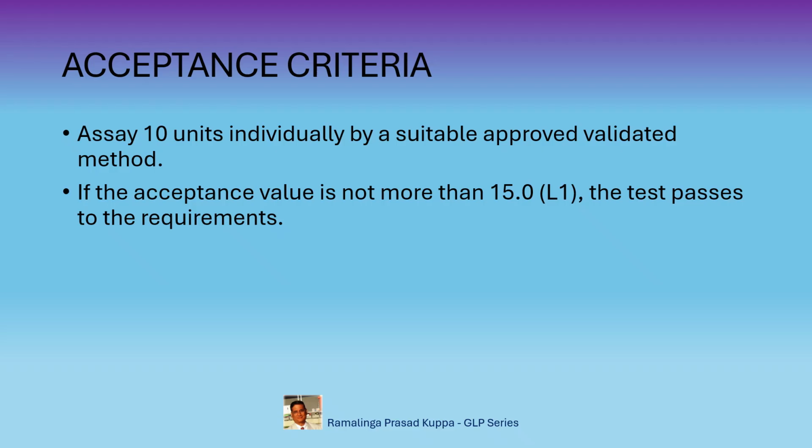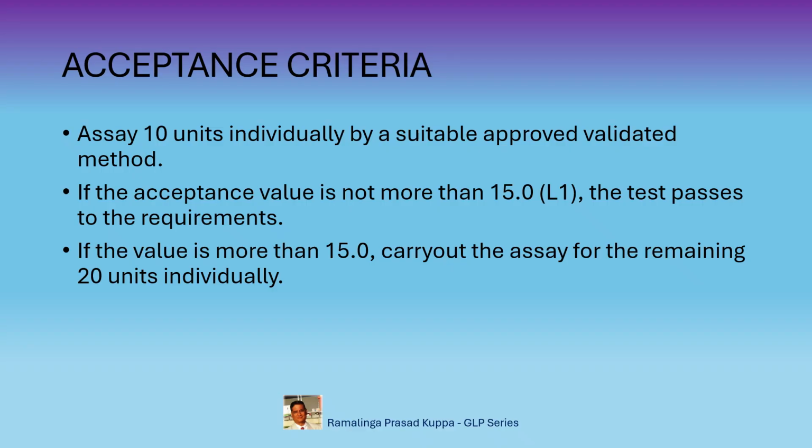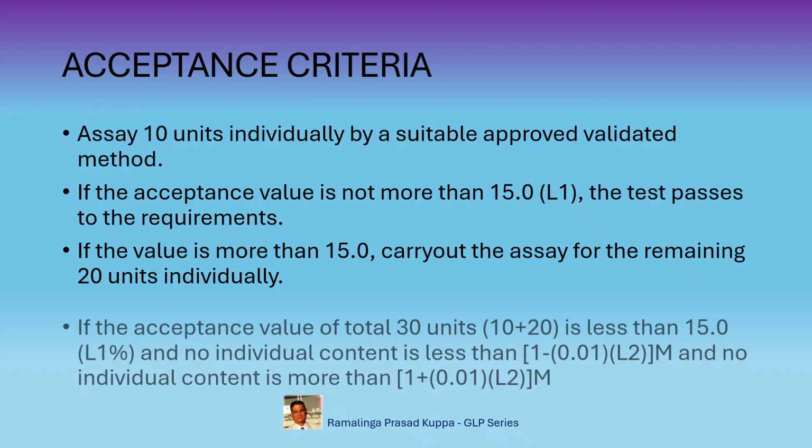If the acceptance value is within 15.0, the test passes. If not, it is necessary to go for further testing of another 20 dosage units. If the value is more than 15.0, carry out the assay for the remaining 20 units individually.